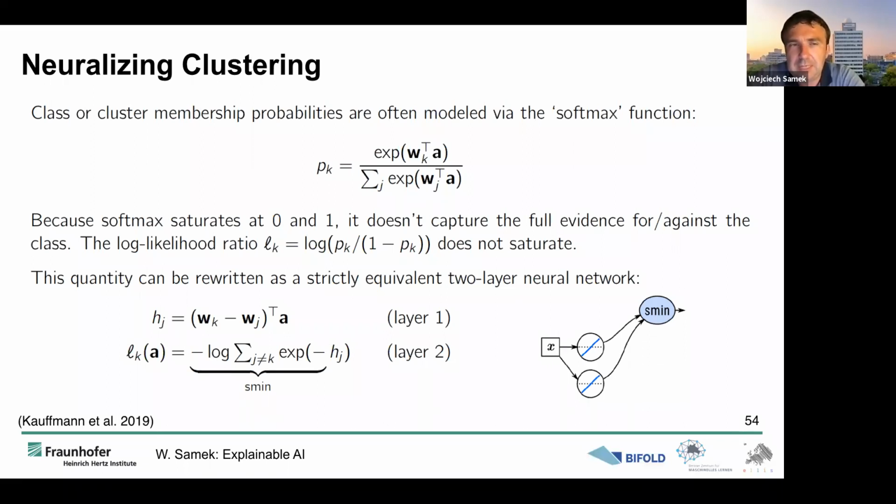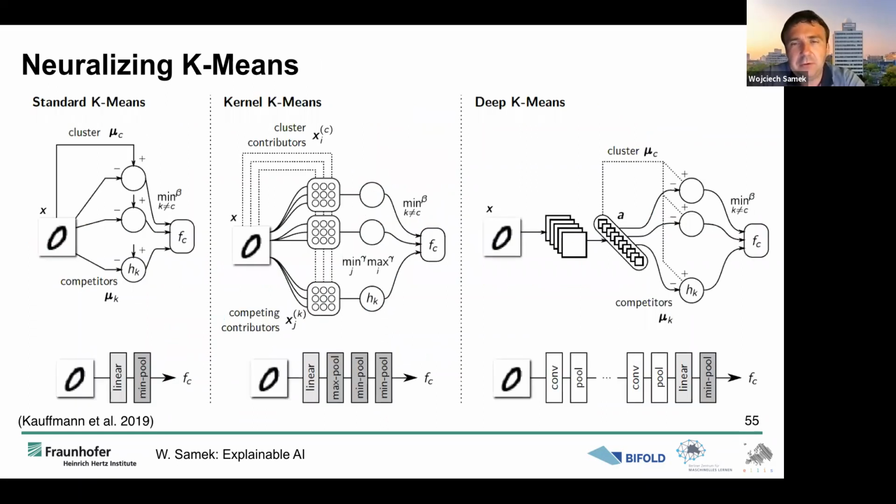And then from this clustering, we converted the cluster membership probability into a neural network. So we use the neural network to estimate the cluster membership probability. You can do it not only for standard K-means, but also for kernel K-means or deep K-means. And with that, we can make clustering explainable.